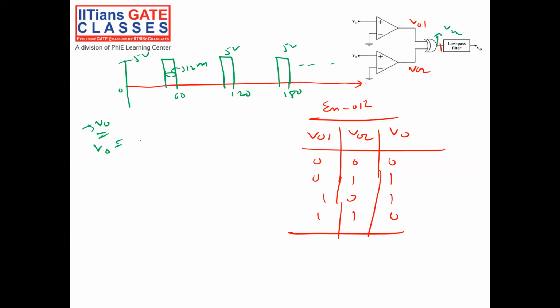So my output will be DC plus high frequency, where high frequency means the fundamental frequency F1 component plus the F2 component, which is 2F1. What is F1 here? F1 is 1 by the time period, which is 60 millisecond. Here you see, every 60 millisecond the pattern repeats. So 1 by 60 milli is equal to about 16 hertz.